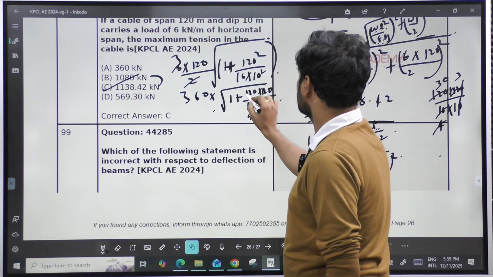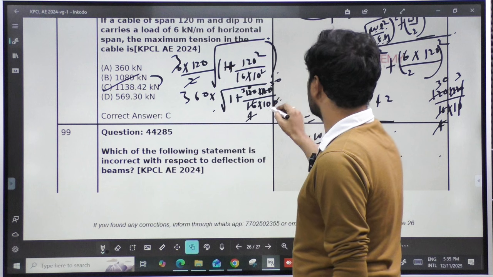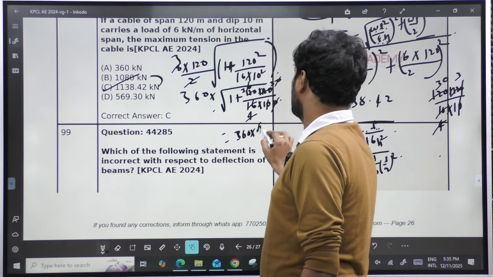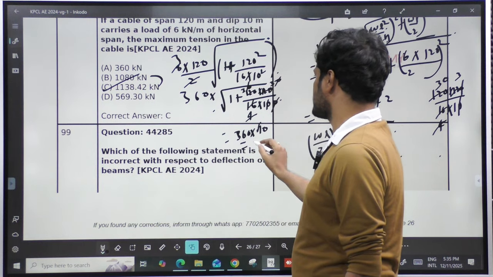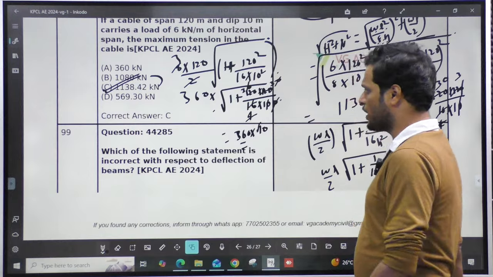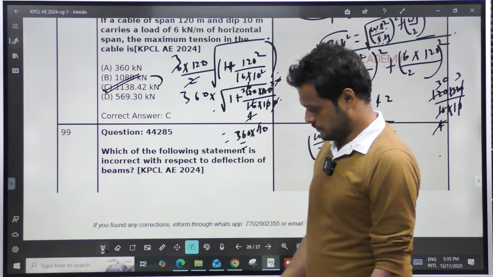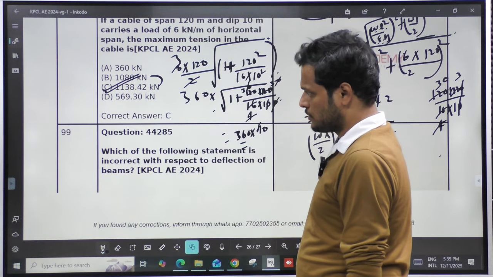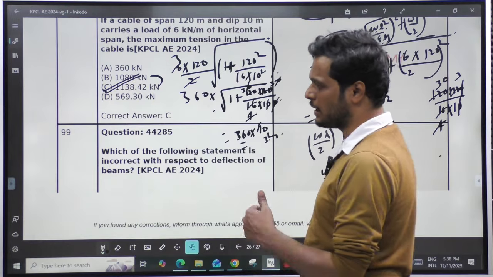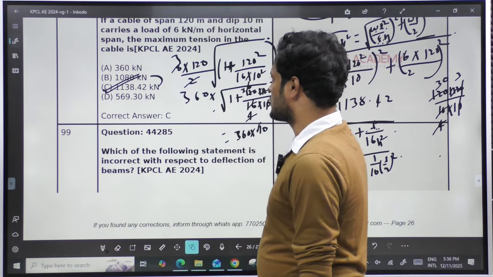So 4 4s, 4 3s, 4 3s 100. So this is root 10. So 360 into root 10, which is 1138.42. Root 10 is approximately 3.1, 3 square is 9, 3.1 square is nearly 10. So we can get option C.